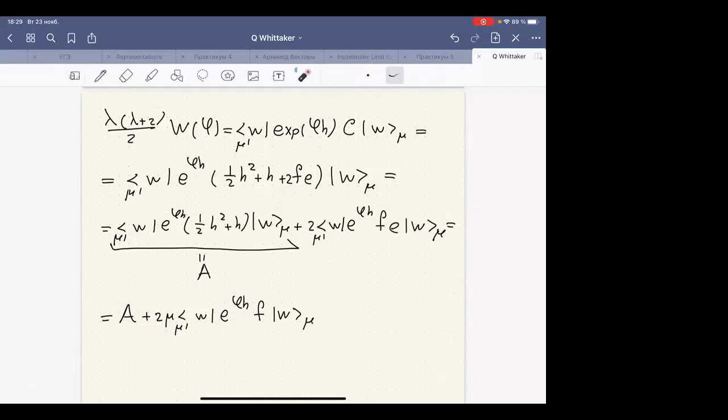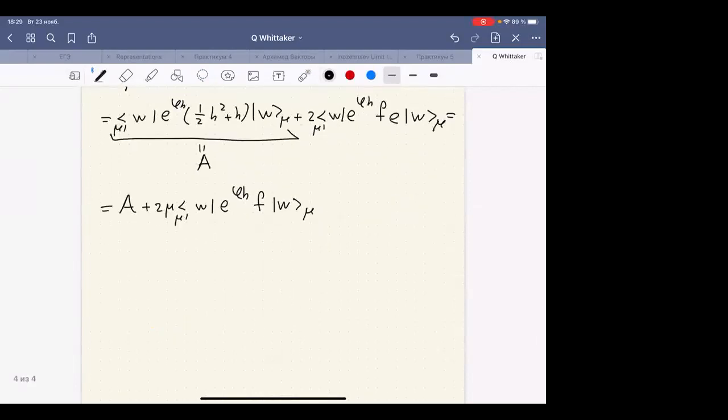So now I want to move F to the left using the commutation relations between F and H, and this is very difficult. So I will check the correct formula.